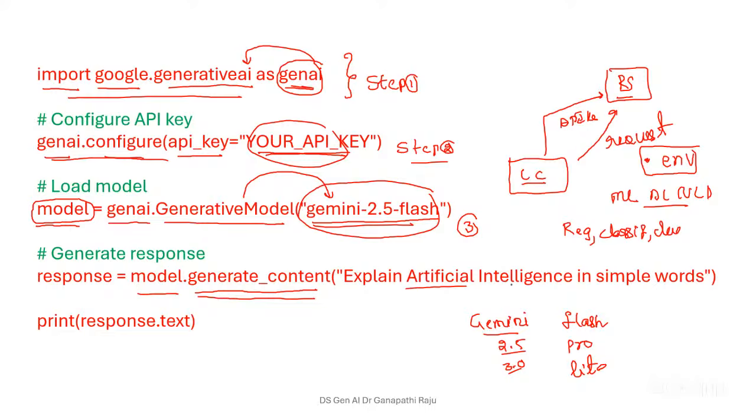I will be asking some small question, and the model will generate a response. The response will be printed with a simple property, response.text, on your local computer. This is what we should follow for our programming.